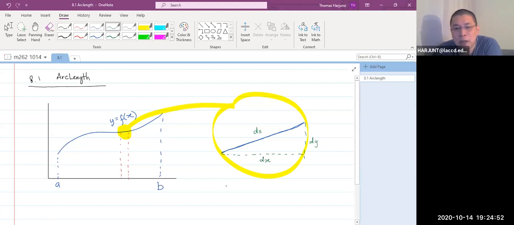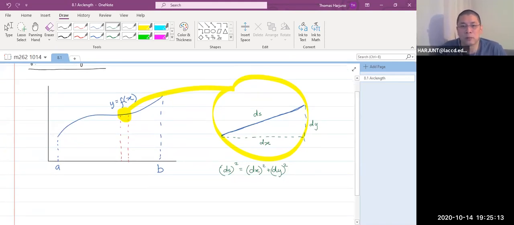By the Pythagorean theorem, ds squared is equal to dx squared plus dy squared. Therefore, ds, it is a differential form, that's why I use d in front of that, is the square root of dx squared plus dy squared.